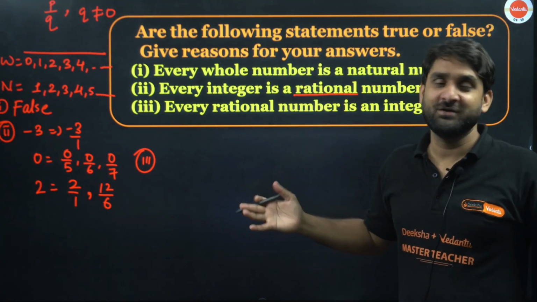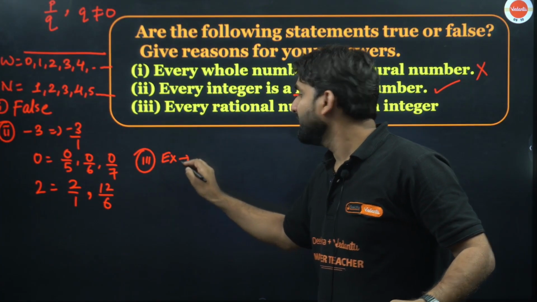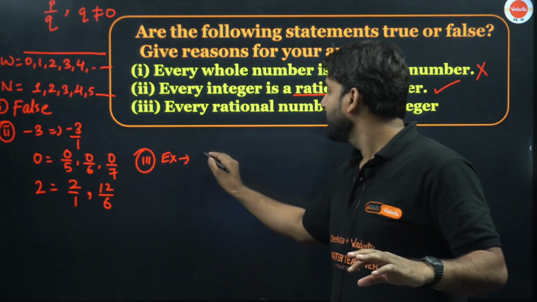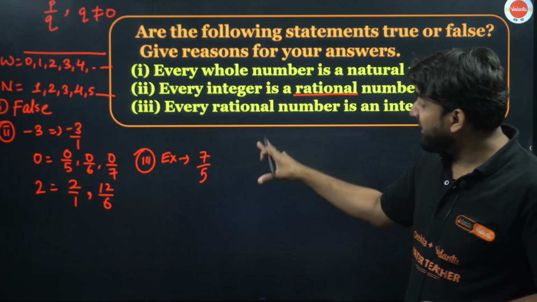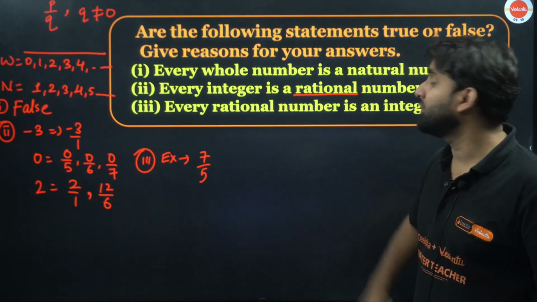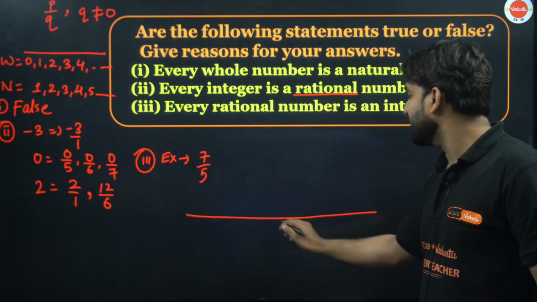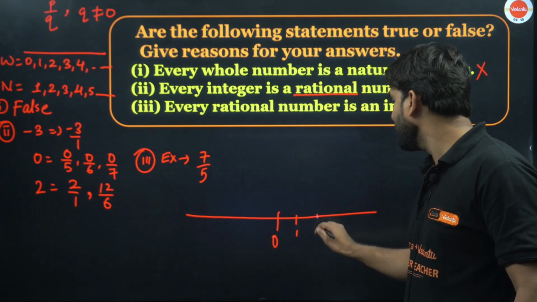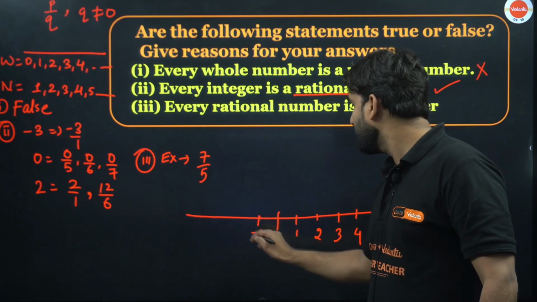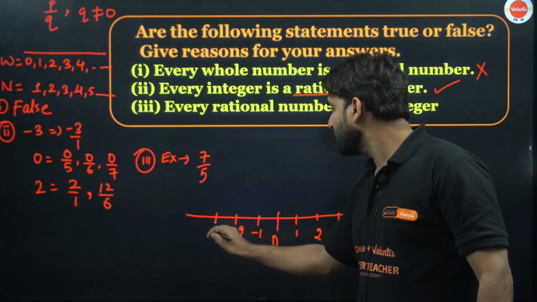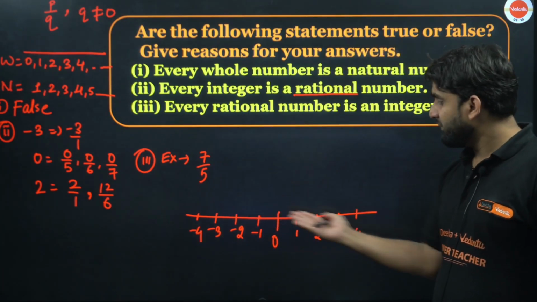Not at all. For example, let's take a rational number 7 by 5. 7 by 5 is a rational number, but it is not an integer because these are the integers: 0, 1, 2, 3, 4 and so on, minus 1, minus 2, minus 3, minus 4. 7 by 5, where is 7 by 5?